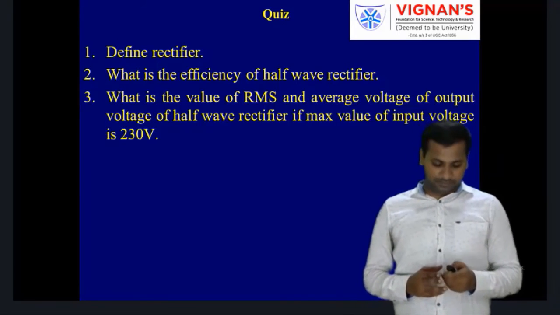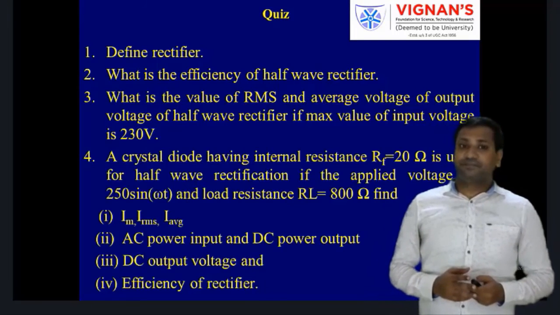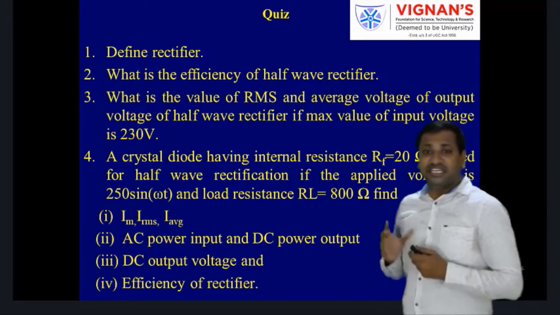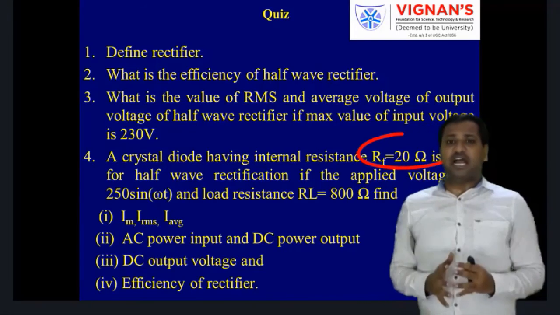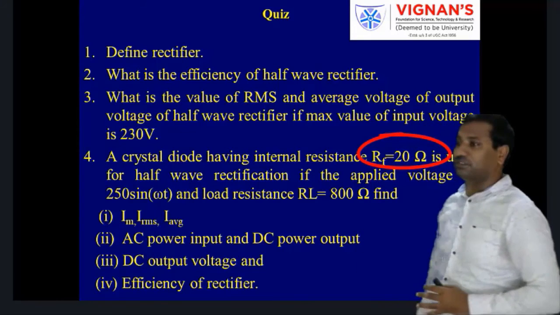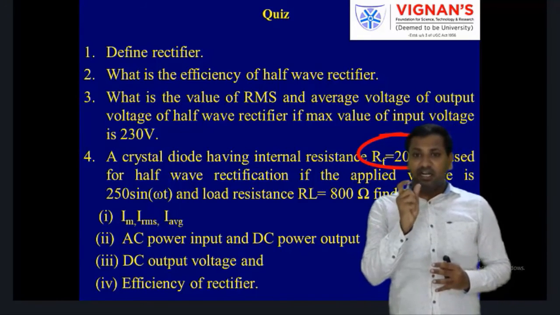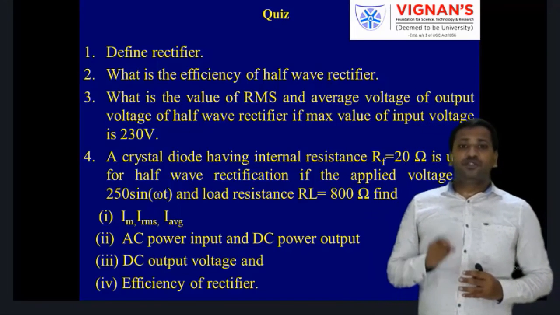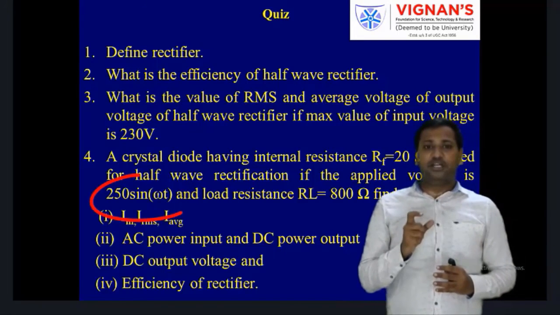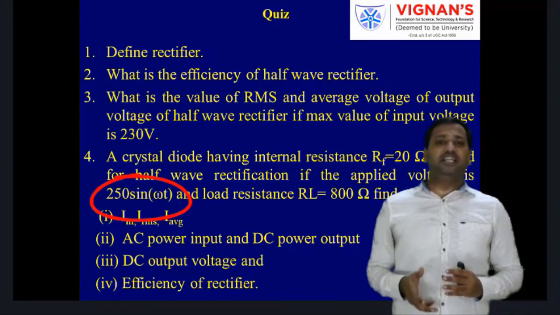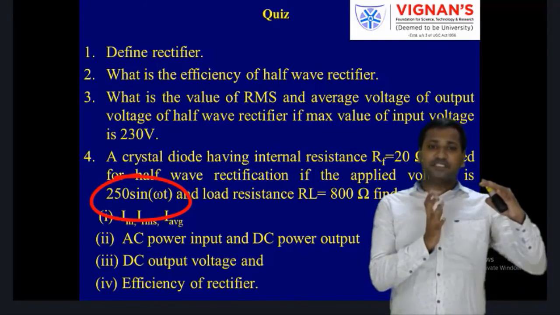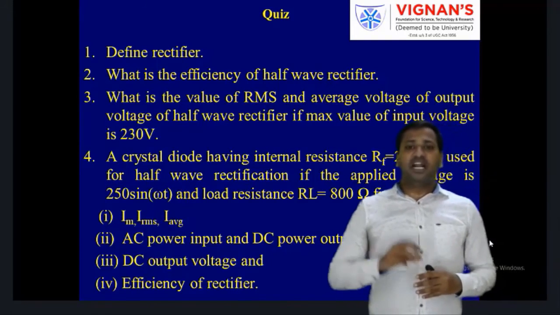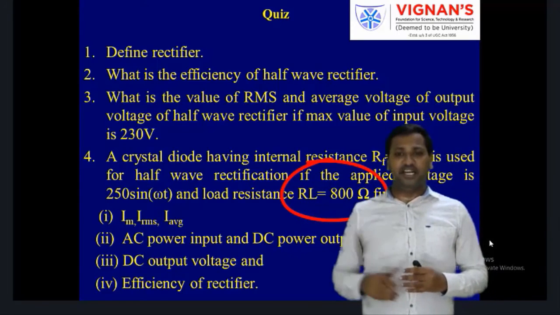Next, it is given that a crystal diode has an internal resistance of 20 ohms, which is the forward bias resistance of that diode. It is used for half wave rectification with an applied voltage of 250 sin omega t, where 250 represents the maximum voltage, and a load resistance of 800 ohms.